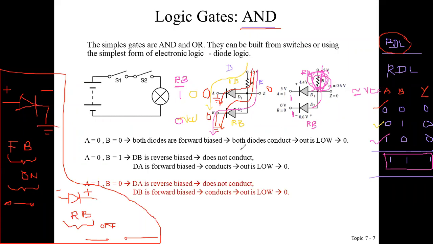So now this is the first logic family we are going to explain here, that is RDL, resistor diode based AND gate. In our examination also, the question may be like this: explain in detail with a suitable circuit diagram of RDL logic family to verify the AND logic gate or logical multiplication gate.